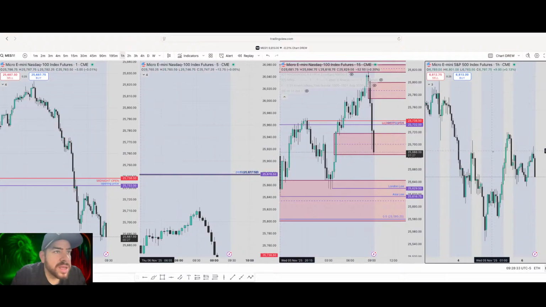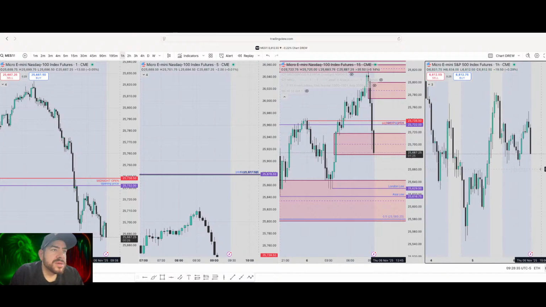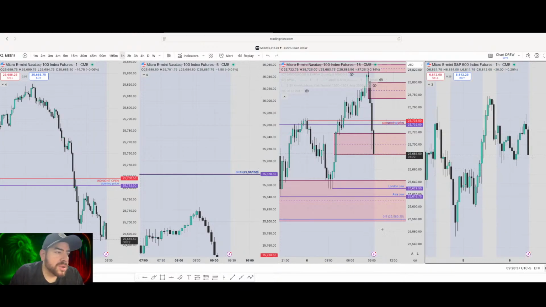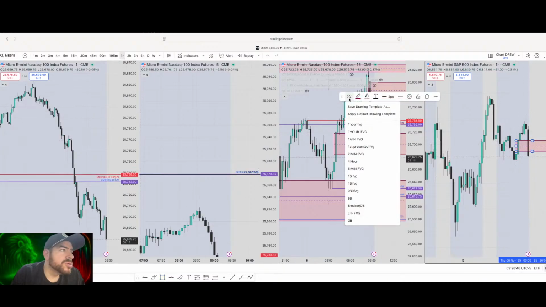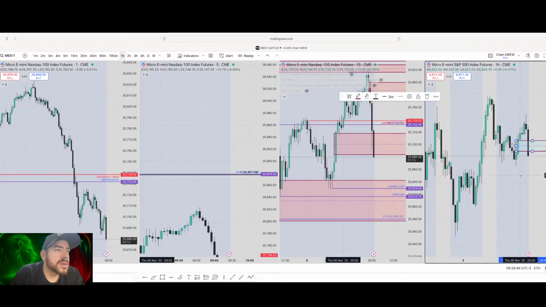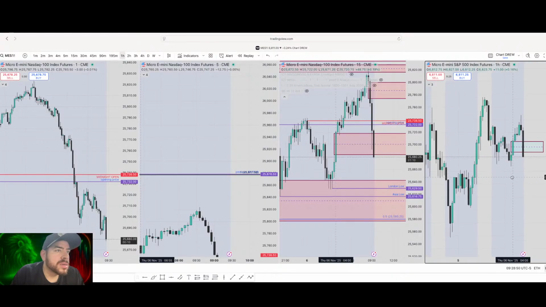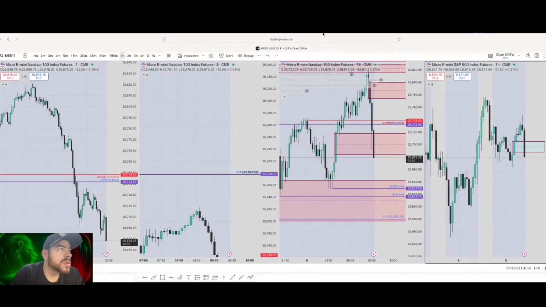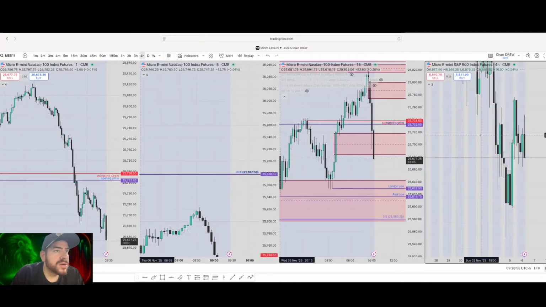Got a minute and a half till the market opens. Got this 1 hour here on ES. Let's see how this one holds or not. Right there. Okay. 4 hour to see.